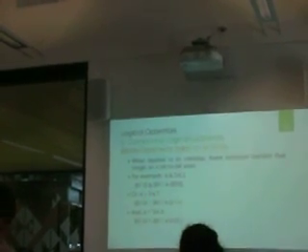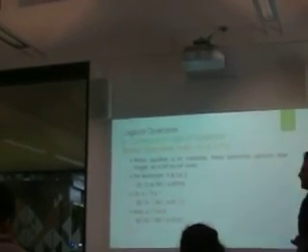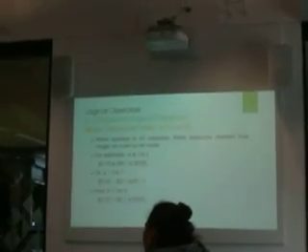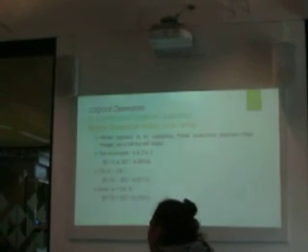Why would you want to do the binary? Well, first of all, if you are coding system-level programs, like for example compilers, operating systems, there are lots of things that you need to do with bits.